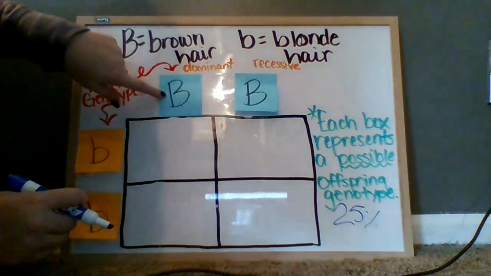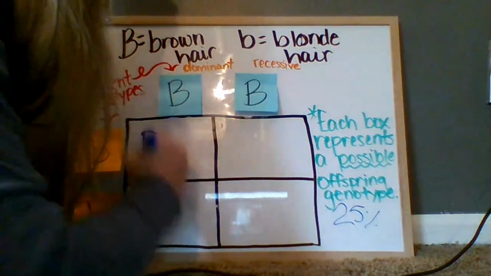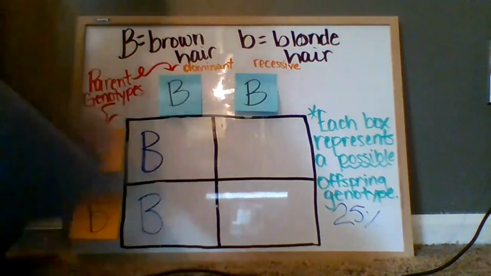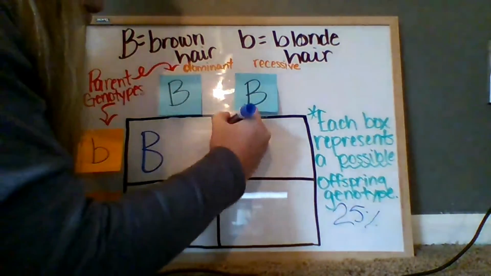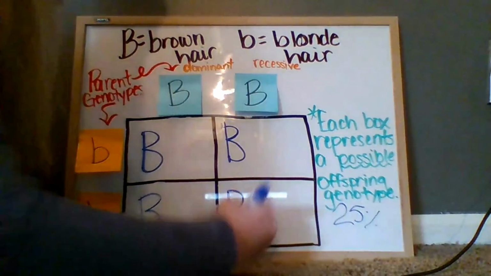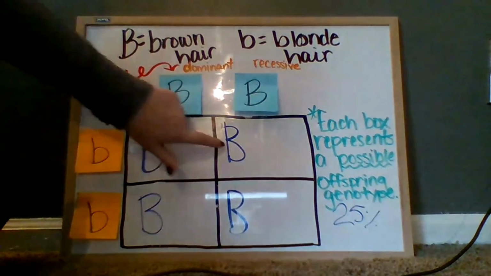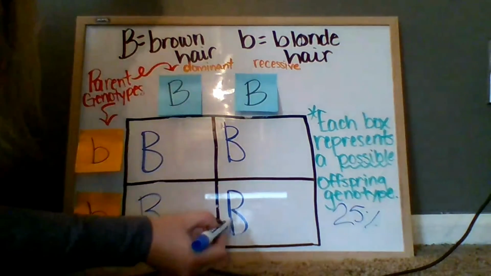This dominant allele is going to come down here, and it's going to come down here again to the bottom. This dominant allele comes down and again. So the only allele that this parent can pass on is the dominant allele. So we end up with a dominant allele in each box here.